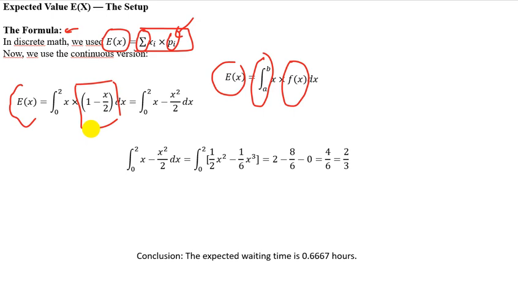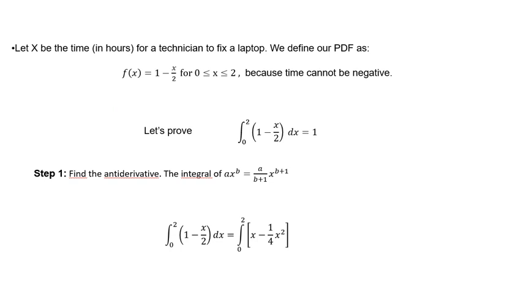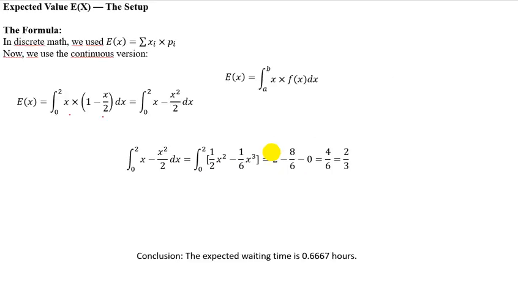So we get this, and we want to find the integral of x minus x times 1 is x, times x over 2 is x squared over 2. We do the math as we did before, applying the derivative rule here.